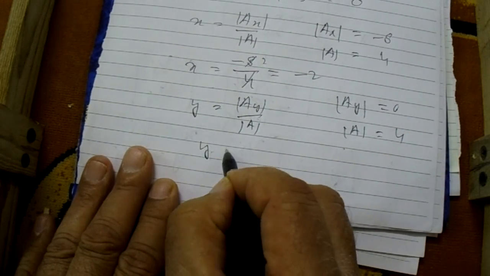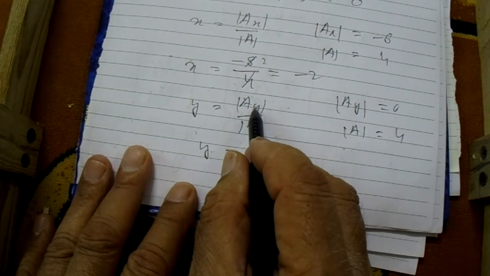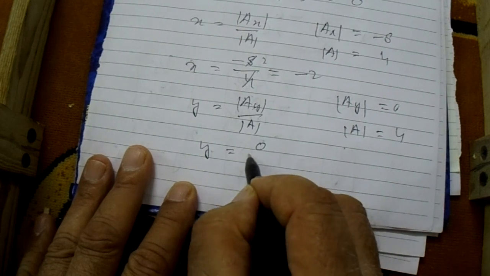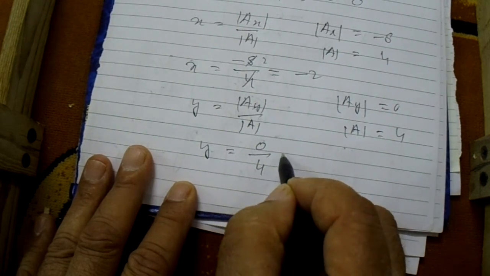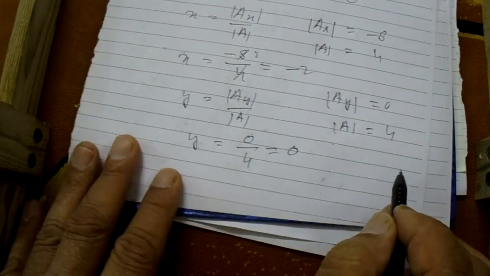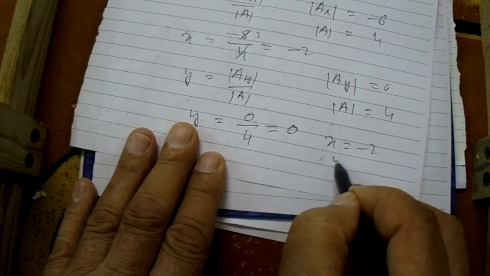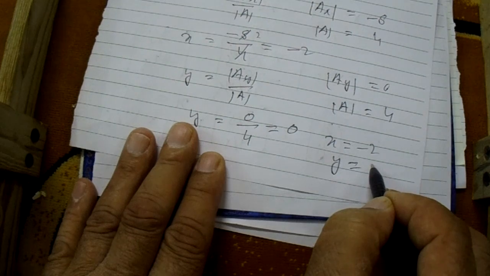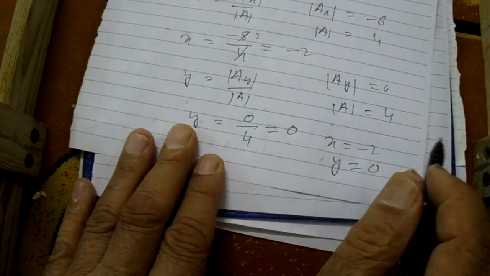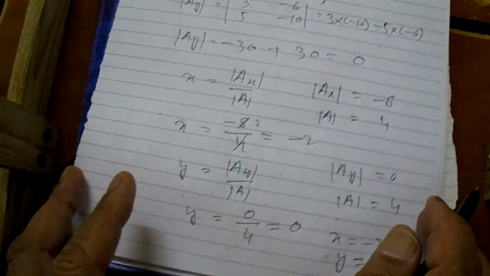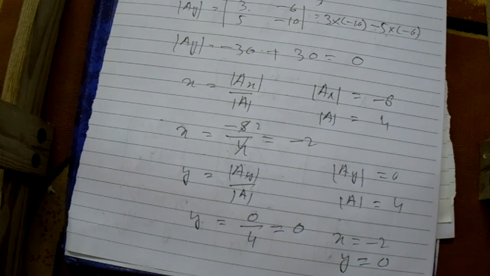Now y is equal to 0 over 4, which is equal to 0. Now we have the values: x is equal to minus 2 and y is equal to 0. Now this is the solution by Cramer's rule of the fourth part.